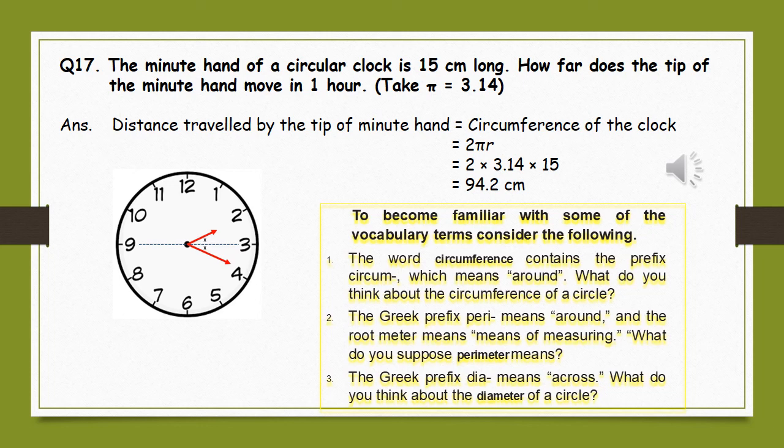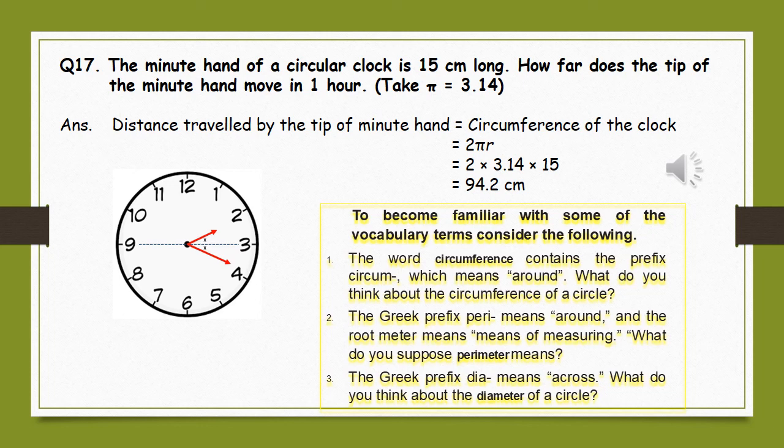The second is the Greek prefix peri, which means around, and the root meter means measuring. So perimeter also means the measurement of a boundary whenever we are moving around a particular enclosed shape.